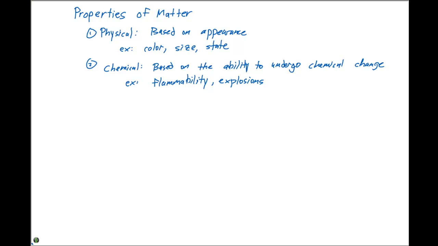So, how can we characterize and how can we detect each of these changes? And what is evidence of these types of changes? Because as chemists, we need to be able to identify what type of change is happening.